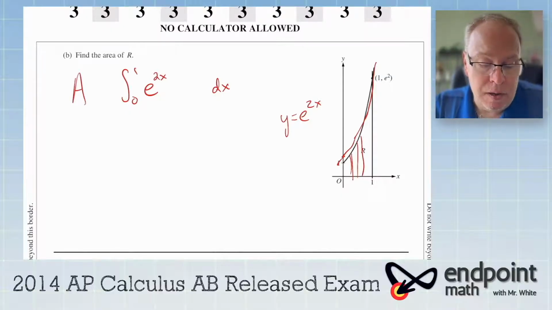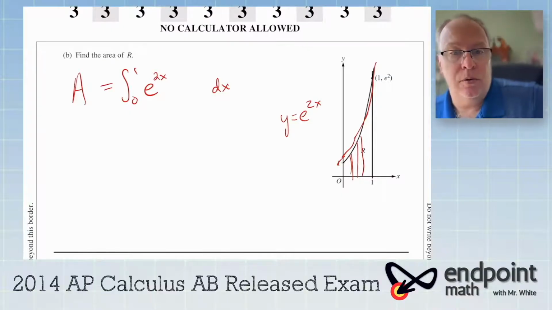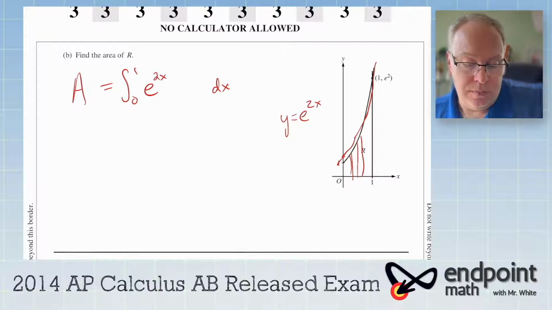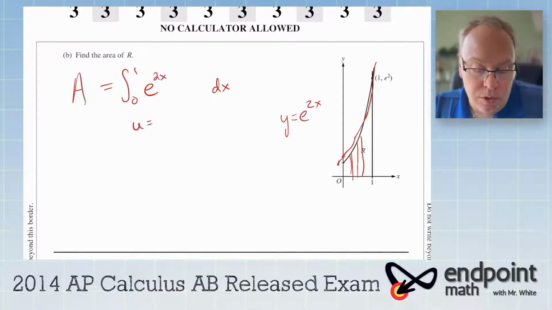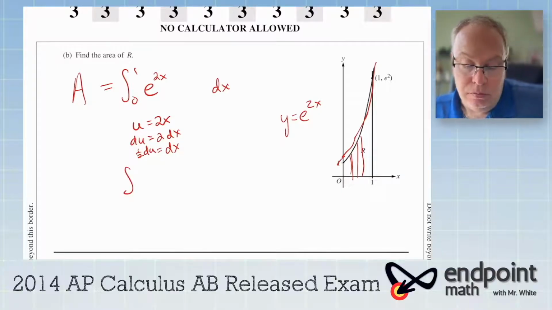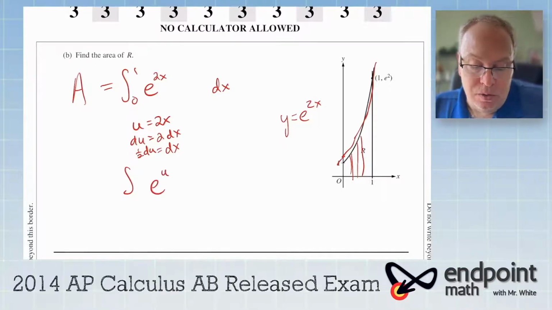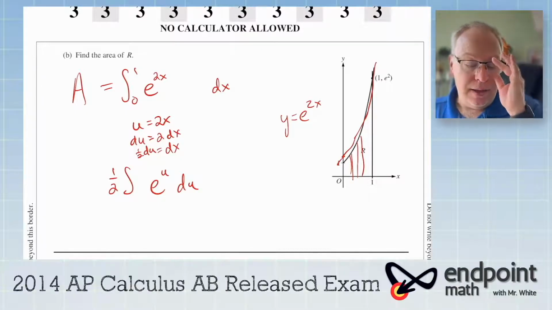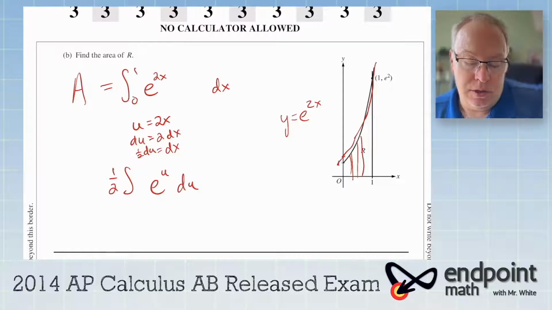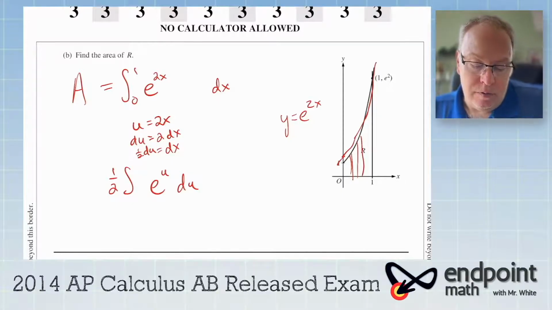So the area of the region is the integral from 0 to 1 of e to the 2x. So u would be 2x, du equals 2 dx, so dx is 1/2 du. This would be the integral of e to the u du, but we're going to have a 1/2 on the outside. And then let's go ahead and change the bounds because it'll make our life easier here. If you plug 0 in here, you get 0.